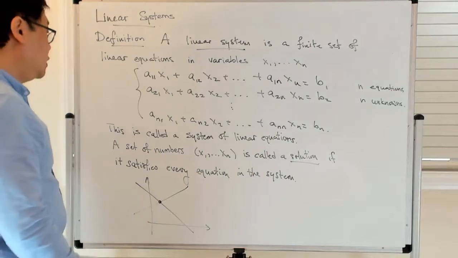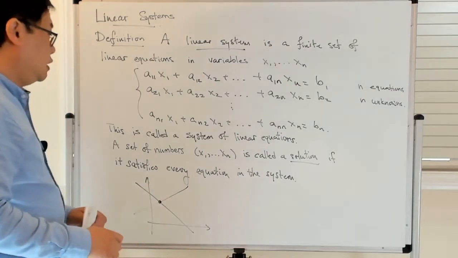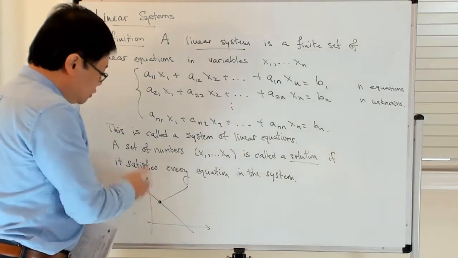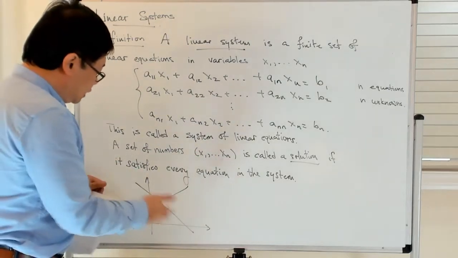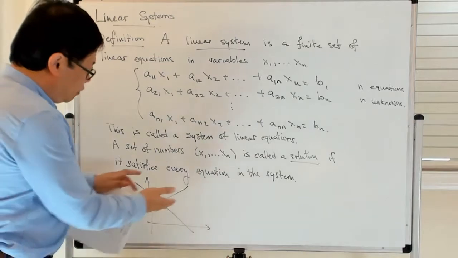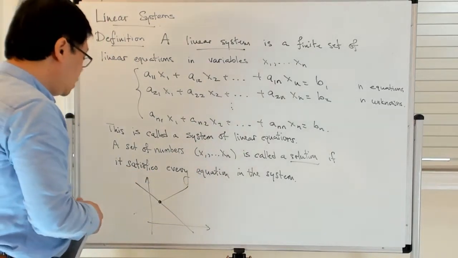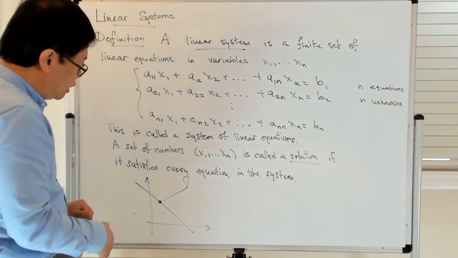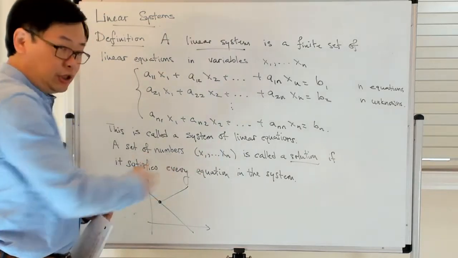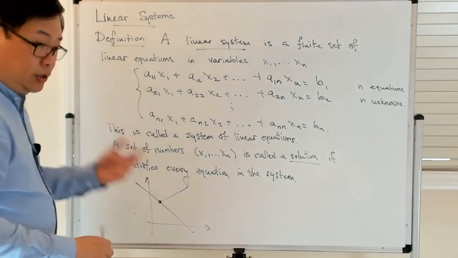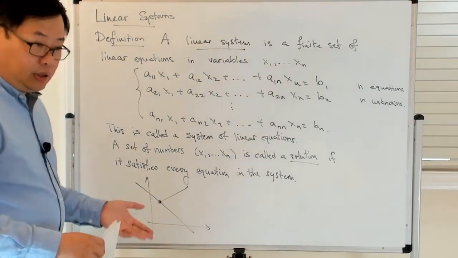Obviously, it's not always the case that when you have 2 straight lines there's an intersection. It could very well be that the lines are parallel, for example, or they could be right on top of each other. So there could be a situation where there isn't a unique solution, or there's no solution at all.